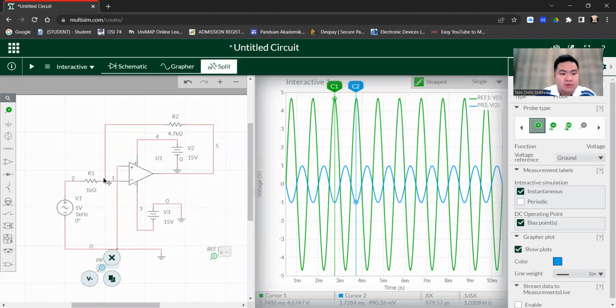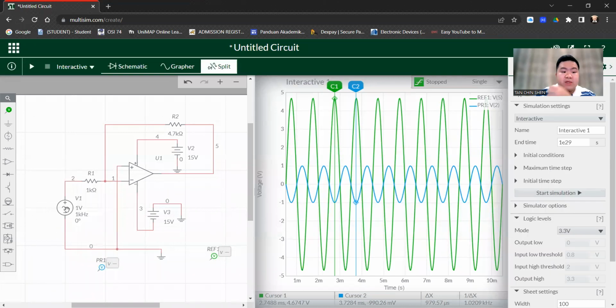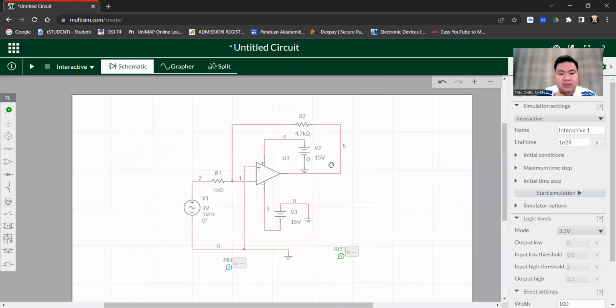Step one, we need to place our components: DC power supply, AC power supply, resistors, and op-amp 741. Then connect them together.